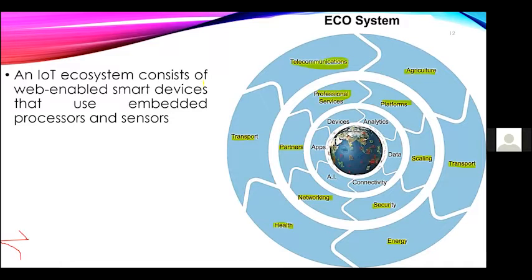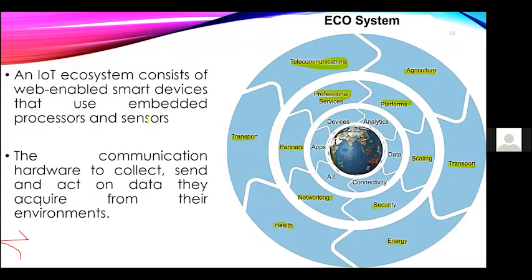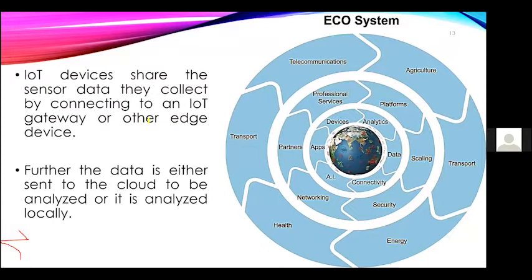So an IoT system consists of web-enabled smart devices that use embedded processors and the sensors, and the communication hardware to collect, send, and act on data which are acquired from the environment.